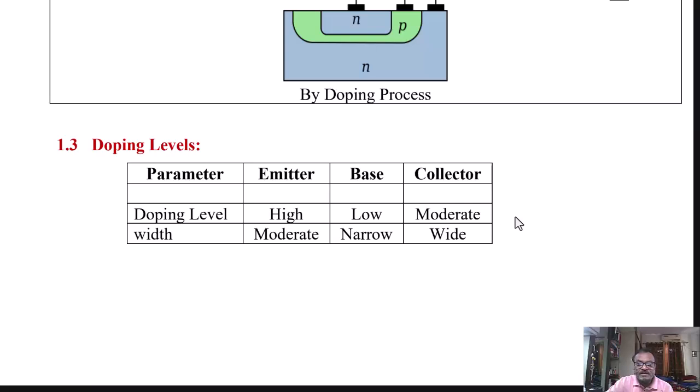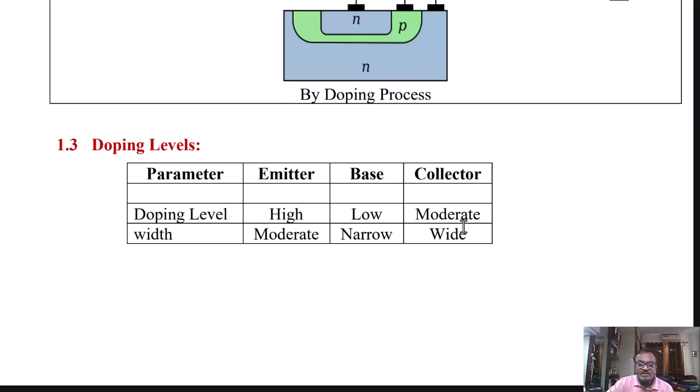This doping level is decided so that the BJT can provide current amplification. The widths of various regions are shown here. The width of the emitter is kept moderate. The base is the narrowest portion amongst the three, and the collector is widest.